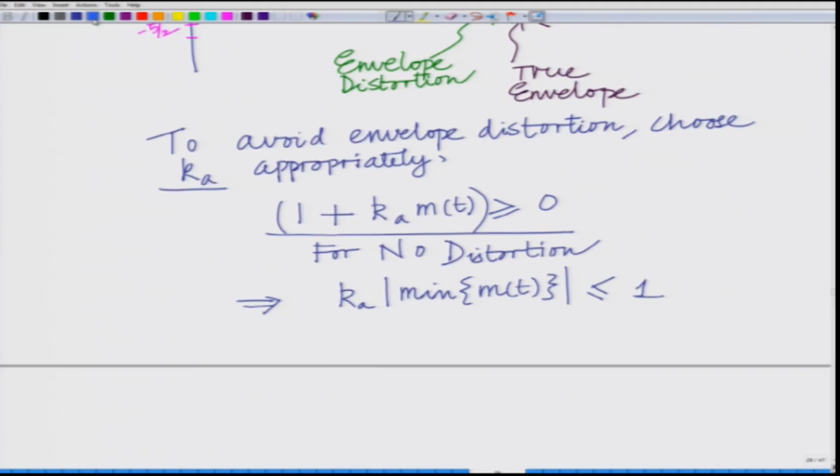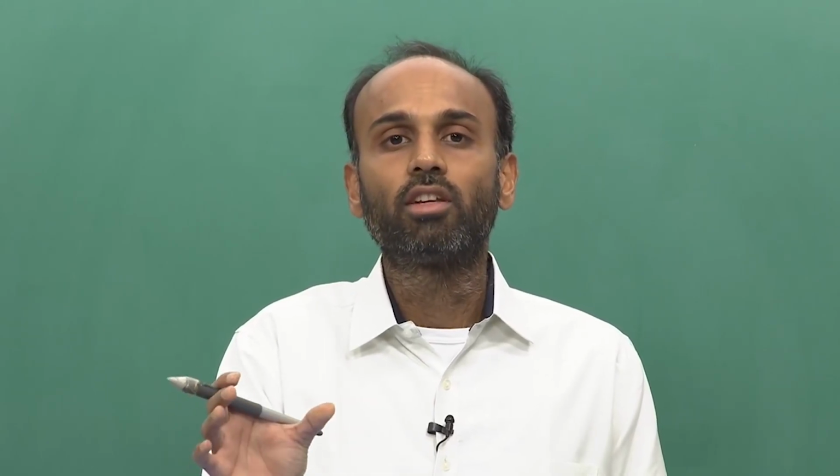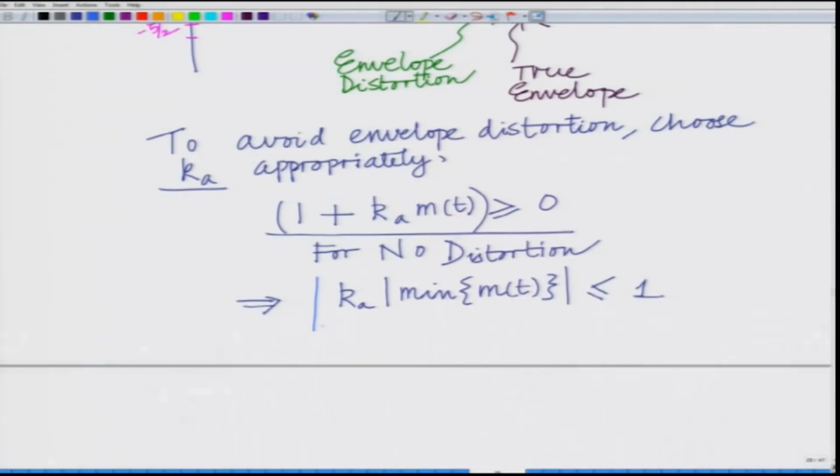What we are saying is, when Mt becomes negative, Ka times the magnitude of this trough, the lowest point or negative peak of Mt, must be less than or equal to 1 for no envelope distortion, alright.